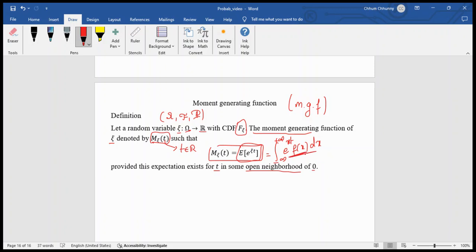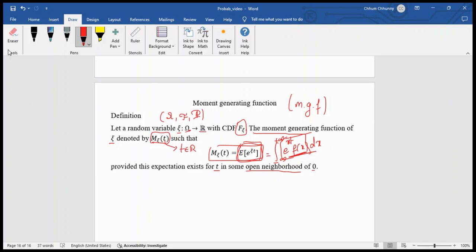Or if this integral does not converge, we say that this random variable doesn't have a moment generating function either. So I talked about two cases, but maybe there are more: if the expectation does not exist in the open neighborhood of zero, and if the integral does not converge, the random variable does not have an MGF.